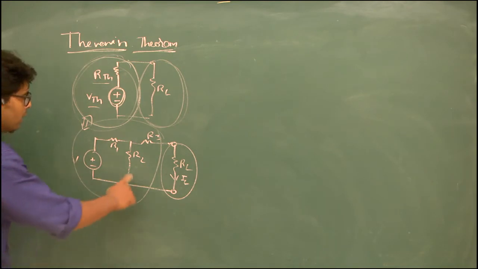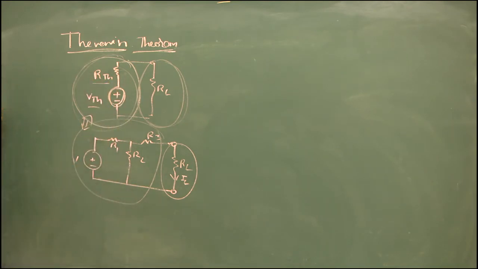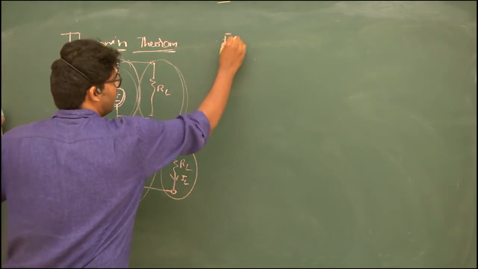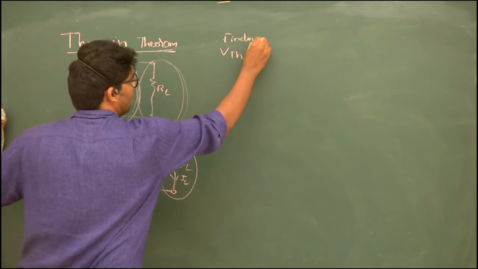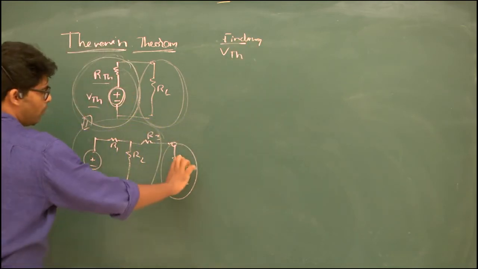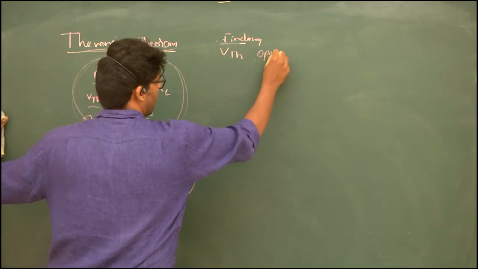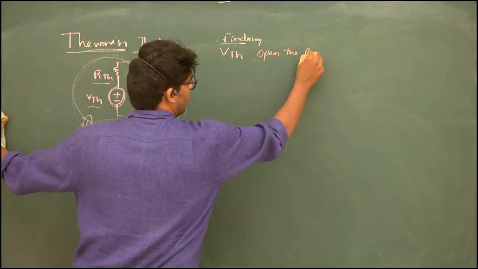Now how will you find V Thevenin and R Thevenin? To find V Thevenin, we have to open circuit the load, that is, open the RL load.